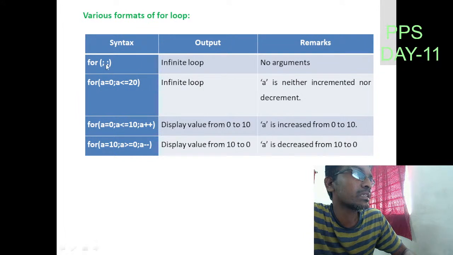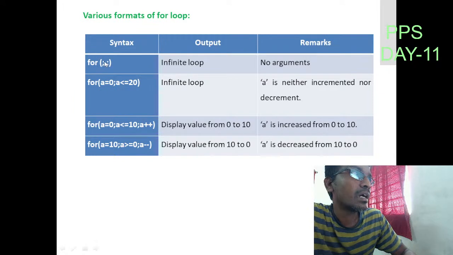If we use this type of syntax or format in our program, then the output will go into an infinite loop. That means in the background it is going to execute infinite times.